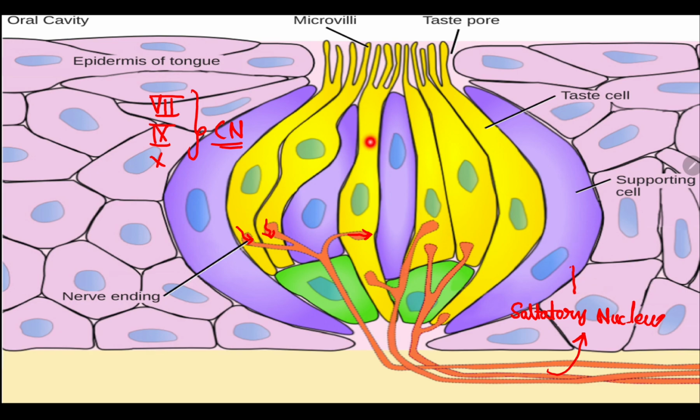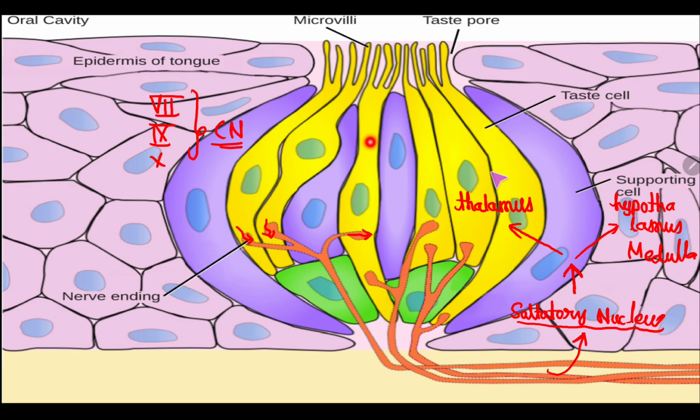From the solitary nucleus, with the help of a second order neuron, it will be projected to the thalamus, or it will be projected to the hypothalamus and medulla.